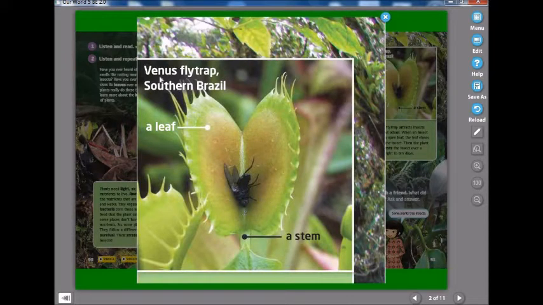Okay, it is a Venus flytrap, from southern Brazil. The name of the plant is Venus flytrap. It is a trap for the flies. Okay, maybe we can buy this kind of plant for our houses for summer days, for the balconies.